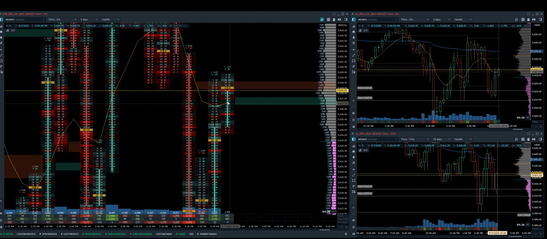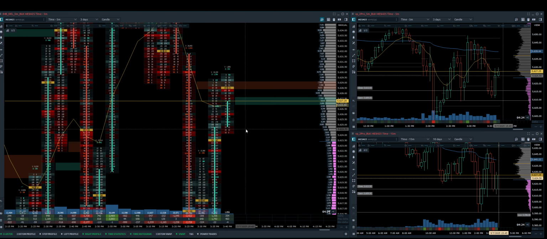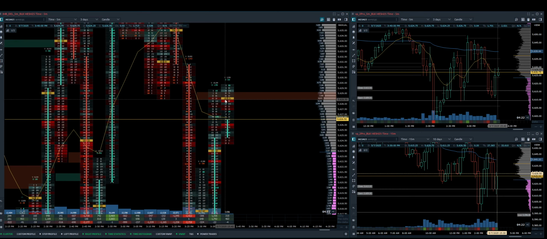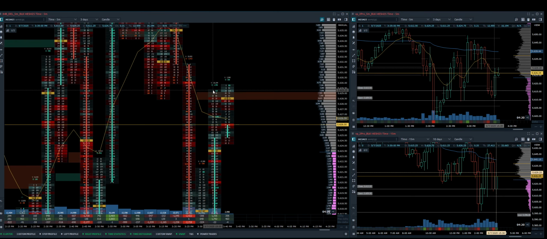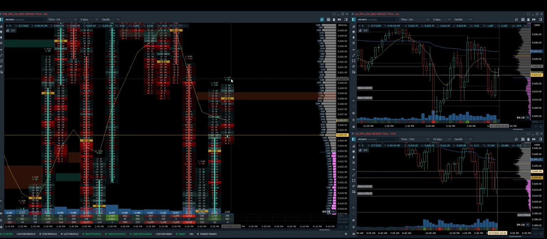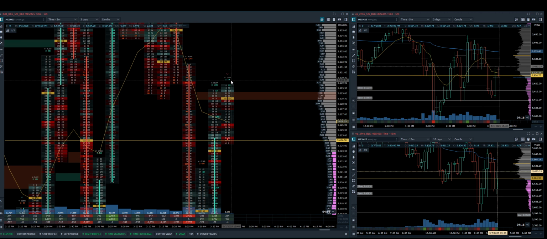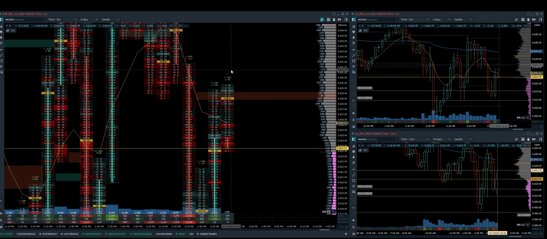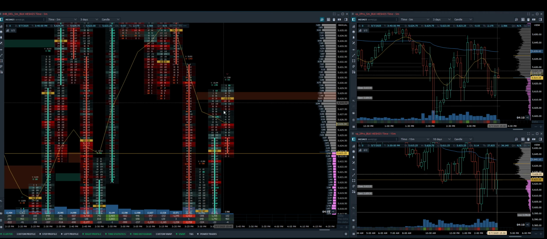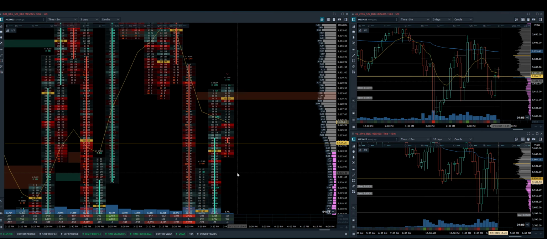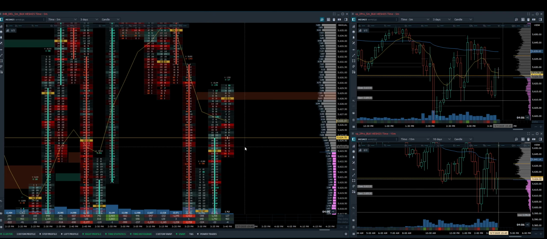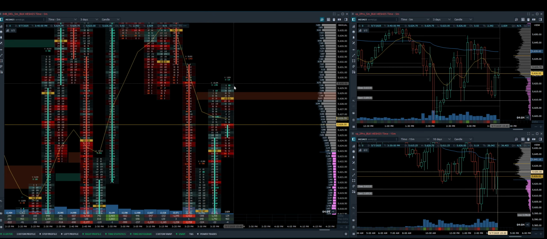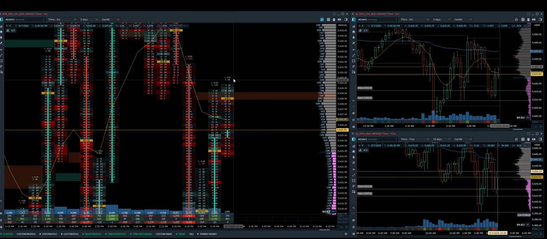Got a bunch of buying imbalances here. POC moved up a bit. We have 2,000 on the volume with 240, 230. We have a little bit of a divergence. So with the divergences, I'd like to see what the delta looks like after the divergence is over.